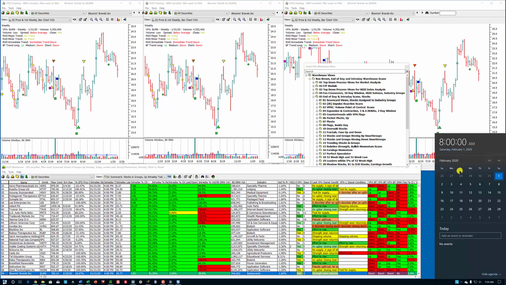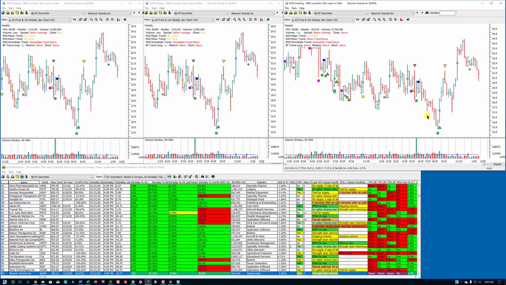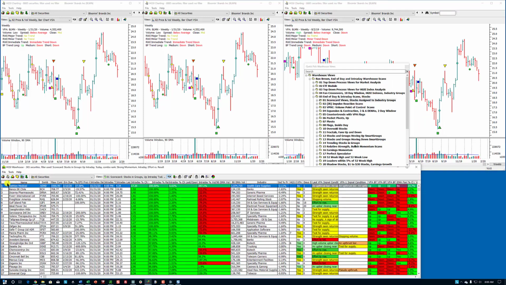So there's going to be a lot of emphasis on that, and we'll do a lot of chart reading, take some positions if we see things we like, and there'll be a great deal of emphasis on risk control using my risk spreadsheets, which I'm going to have updated by then.